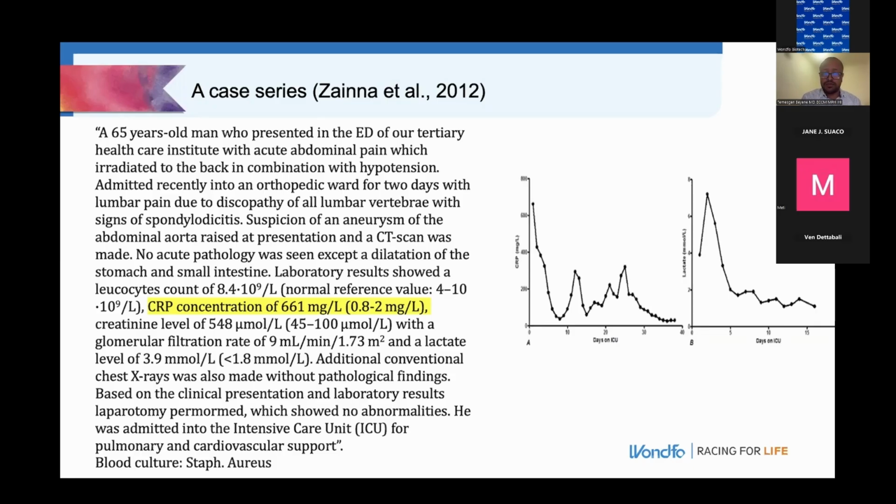So no acute pathology was seen except the dilatation of the stomach and small intestine. Lab results revealed leukocytes with no significant raise. You can see the CRP is like hundreds of times elevated, and you can see raised creatinine as well as the lactate level is also raised.